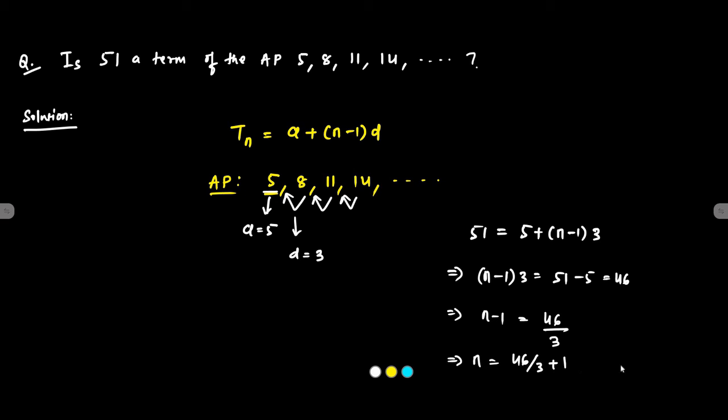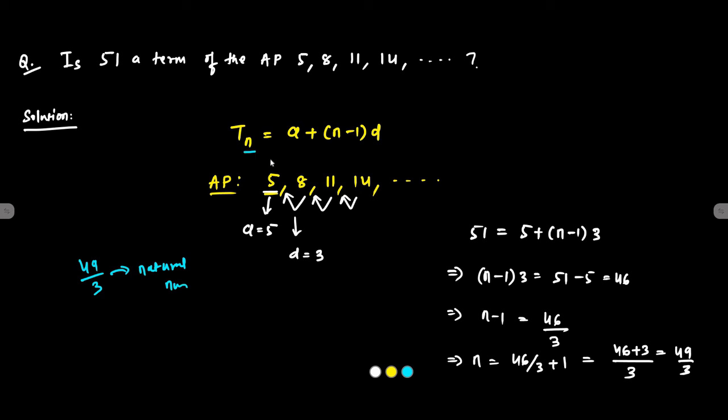So it is equal to 49 by 3. Now 49 by 3 is not a natural number, it will be a decimal fraction. We need natural numbers because the position of a particular term in the AP sequence should be a natural number.